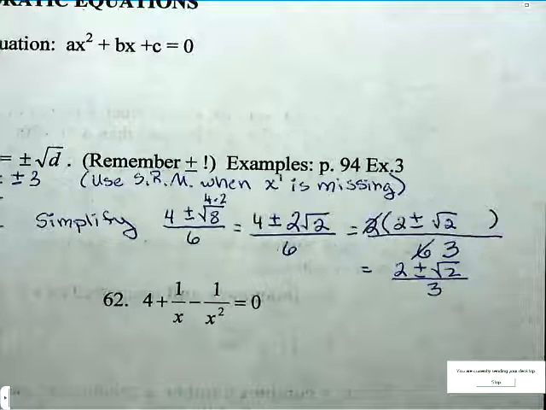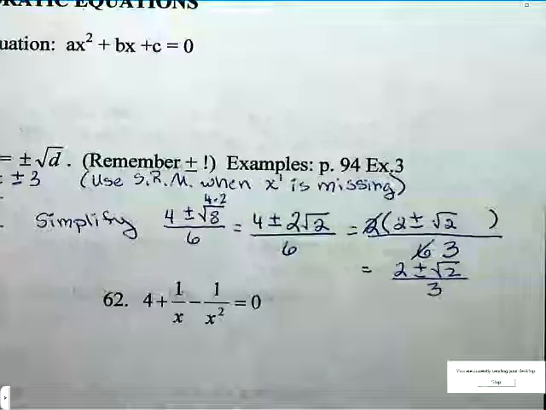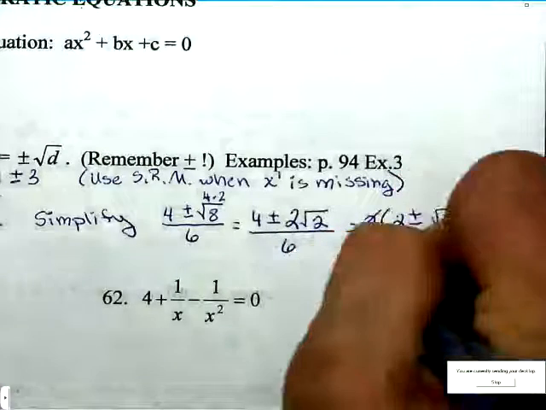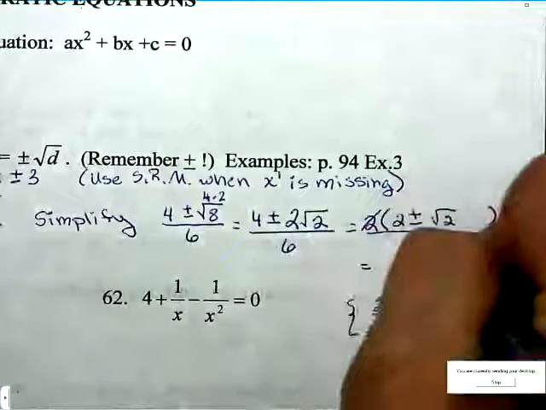That is 2 answers. One of them is 2 plus square root of 2 divided by 3, and the other is 2 minus square root of 2 divided by 3. So in my math lab, you might have to take that apart and enter both answers separately.